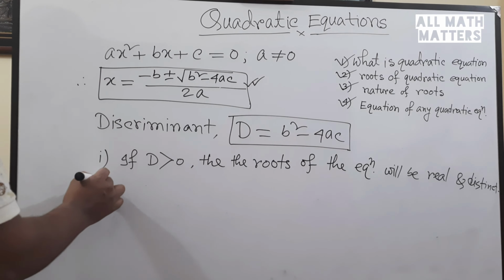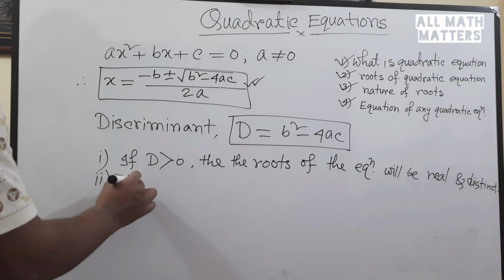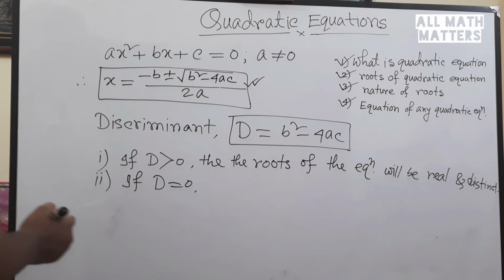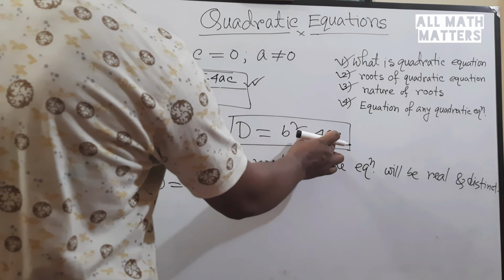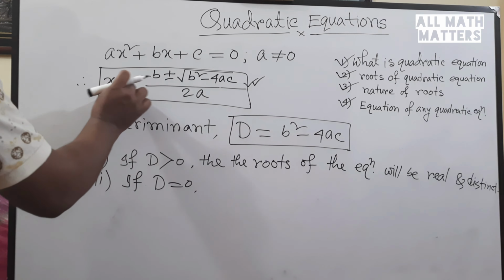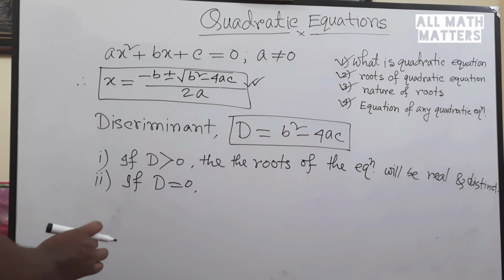Number two, if D = 0, that means if the discriminant is 0, then this part will be 0, and the only value will be −b/2a. That means the two roots will be equal.